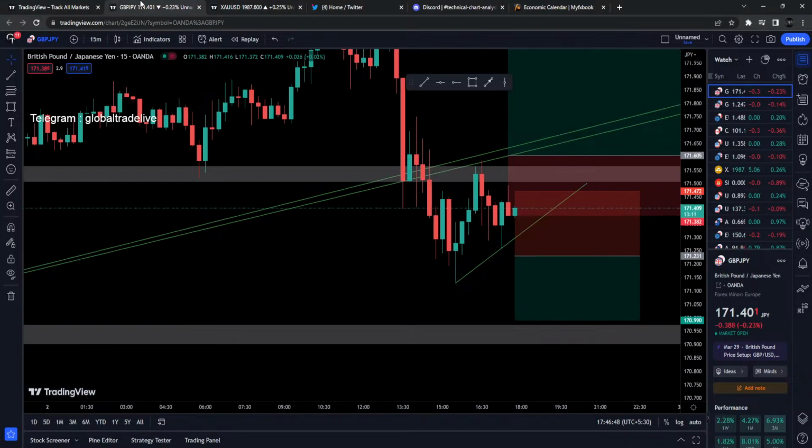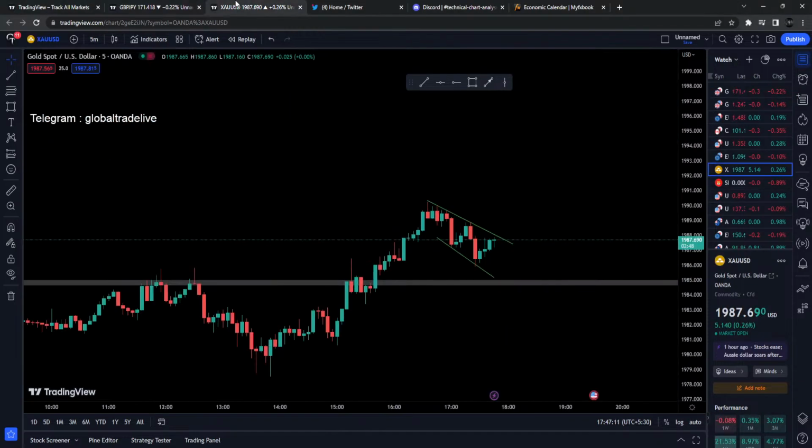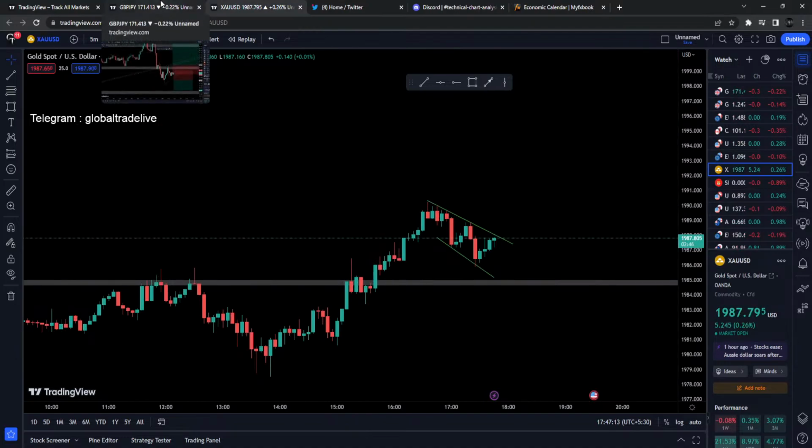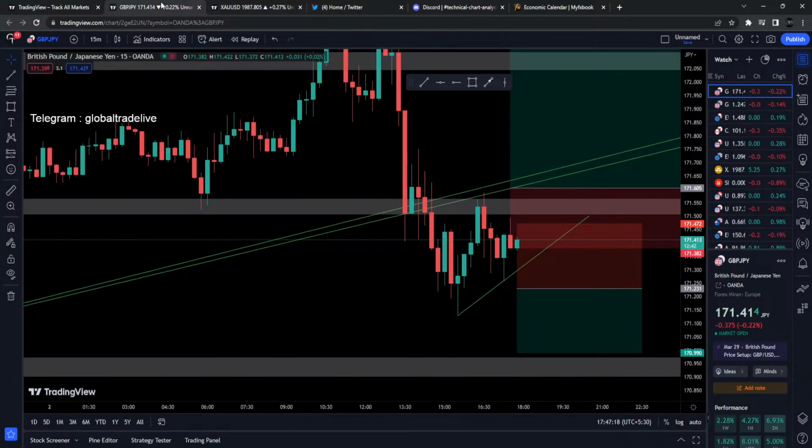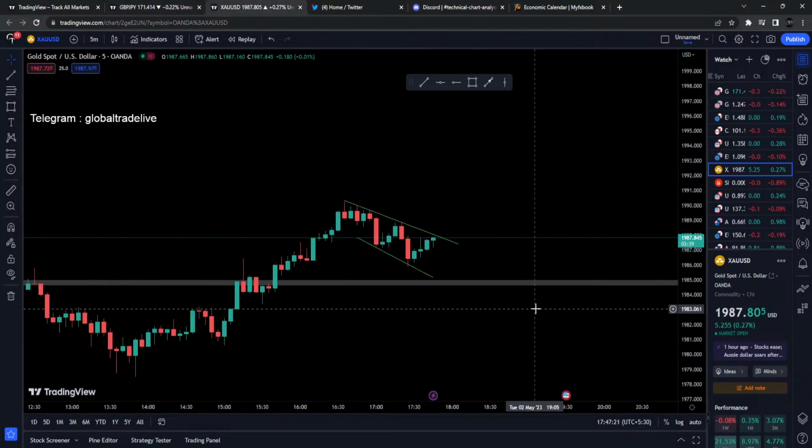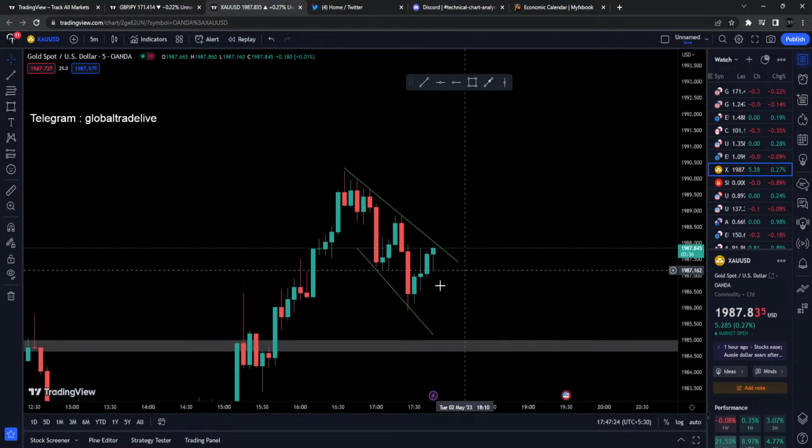With the help of trend lines, it gets really easy to understand the market moves and structures. Now we just have to focus on the current 5-minute candle.